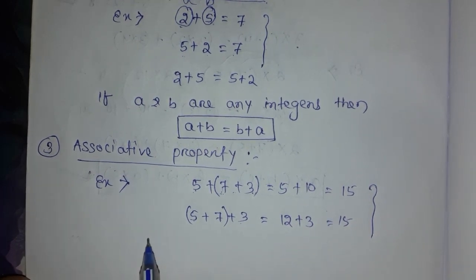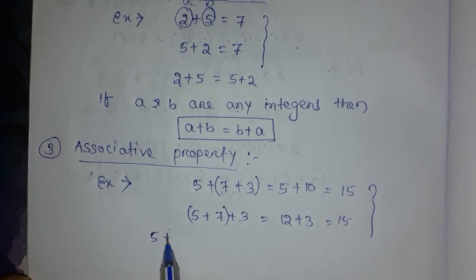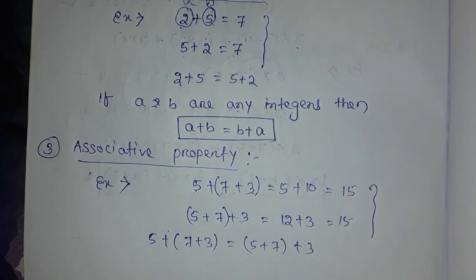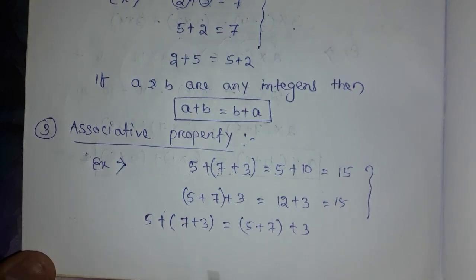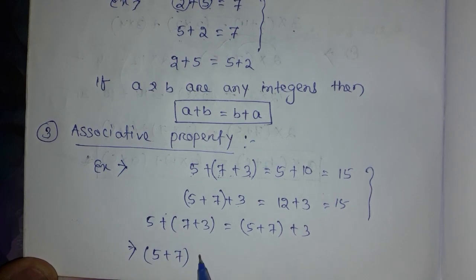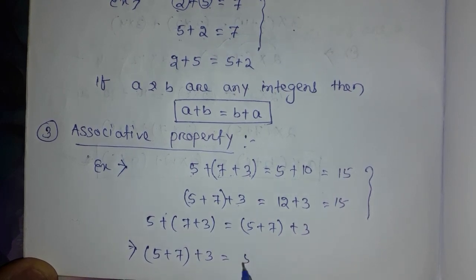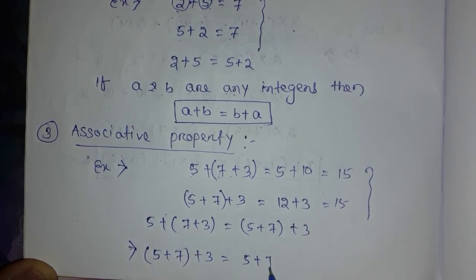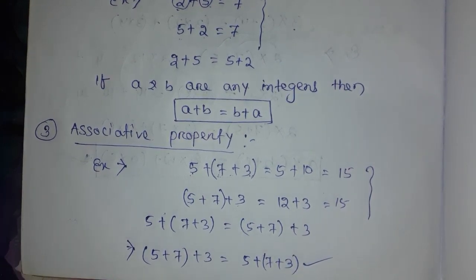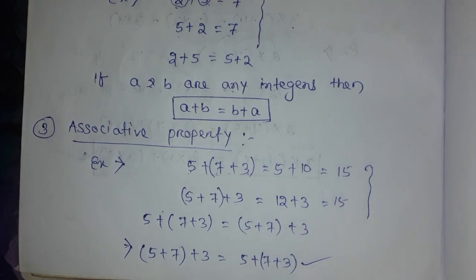So we can write 5 plus (7 plus 3) is equal to (5 plus 7) plus 3.